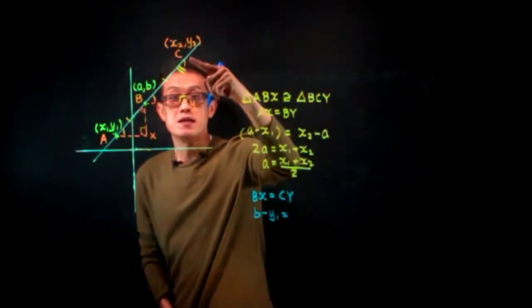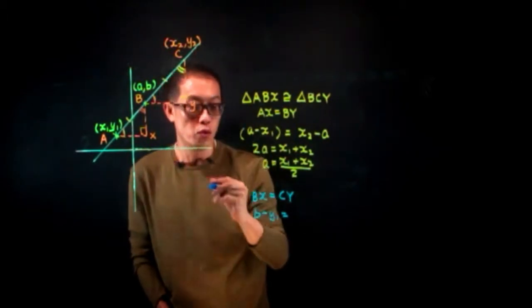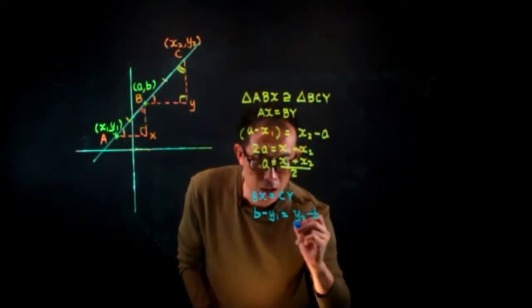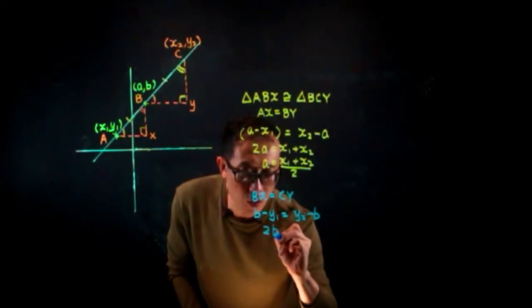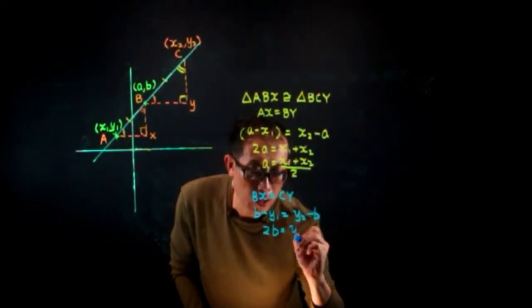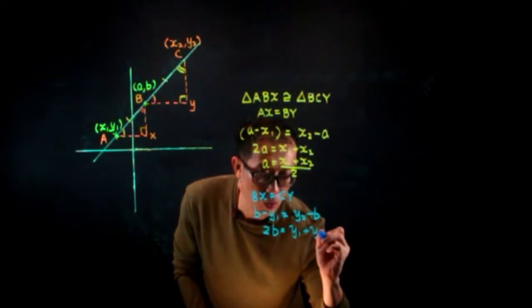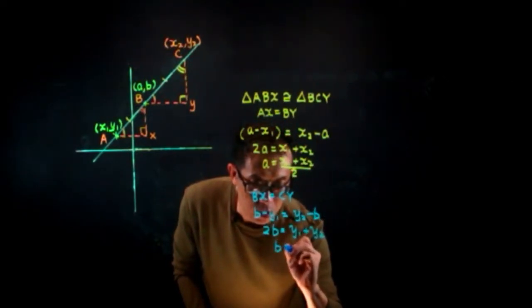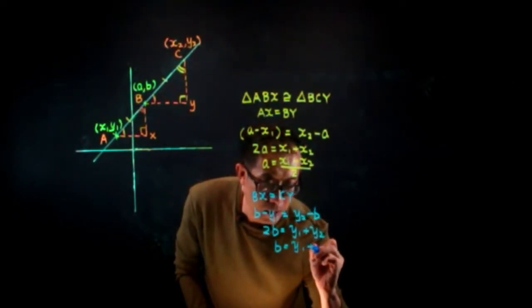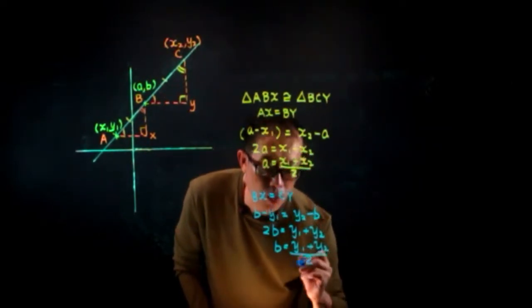And what is CY? CY is Y2 minus B. So you have 2B equals Y1 plus Y2. And B is equal to Y1 plus Y2 over 2.